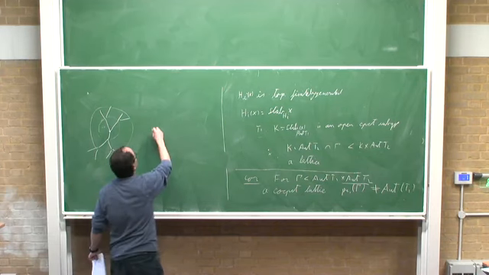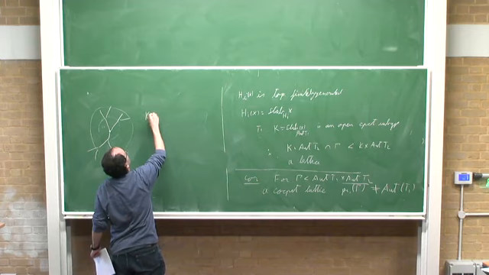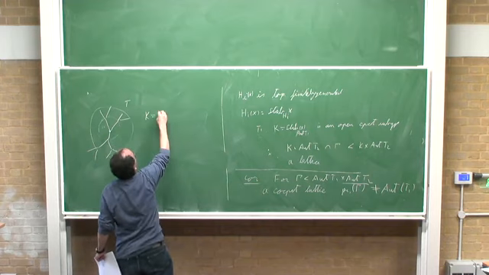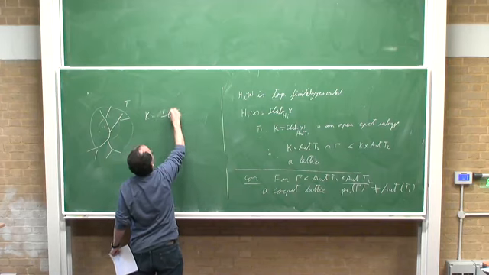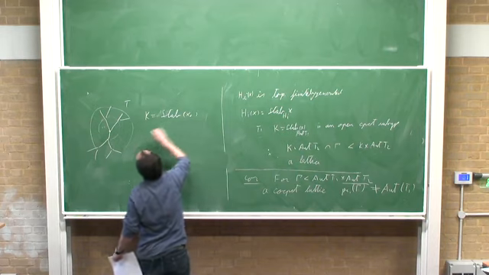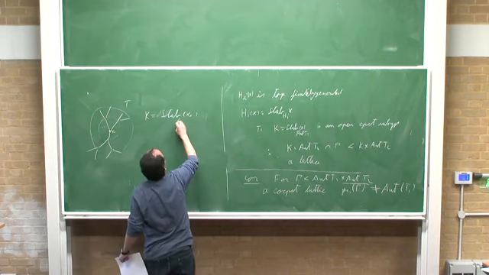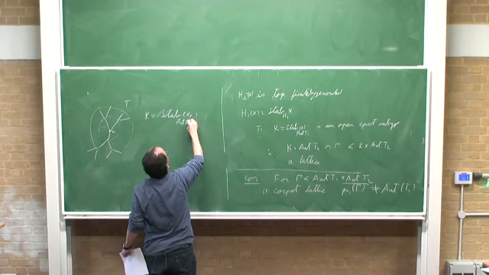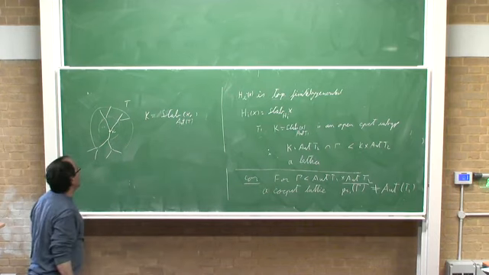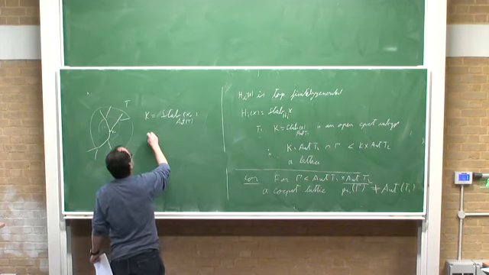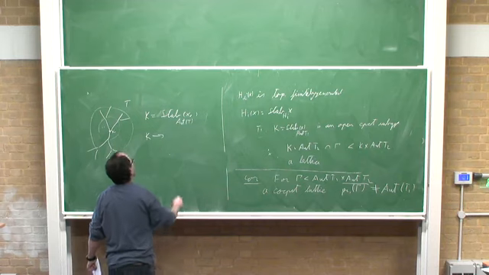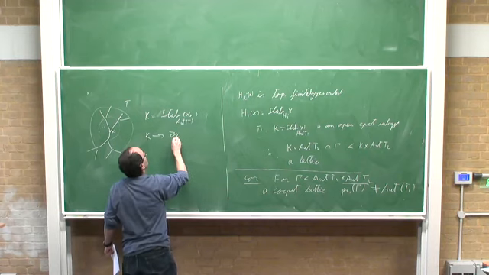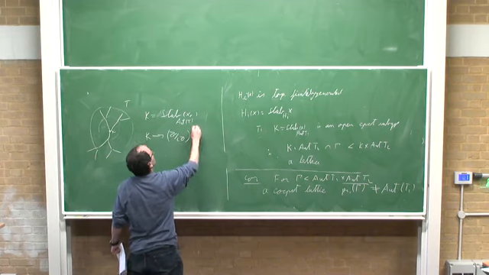So you have a map from K, now it's just one tree, K is the stabilizer of some vertex x0, to the product of Z/2, one for each n.